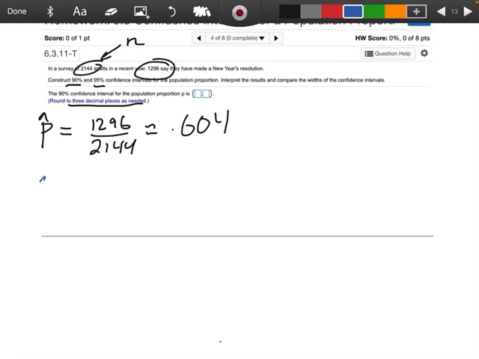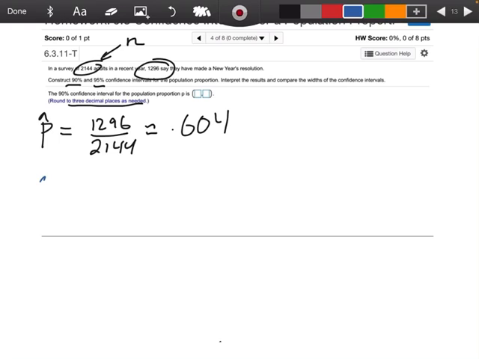Now, the next thing is we're looking for a 90% confidence interval. Let's get a visual of what that's going to look like. I'm going to draw my normal curve here. 90% means that the area underneath the curve in the middle is going to be 90%. So I'm going to have 10% left, 5% for each tail.